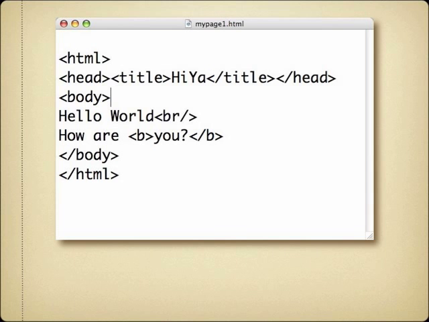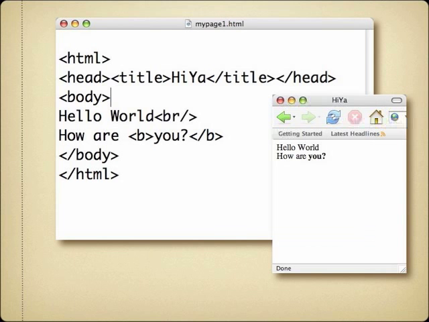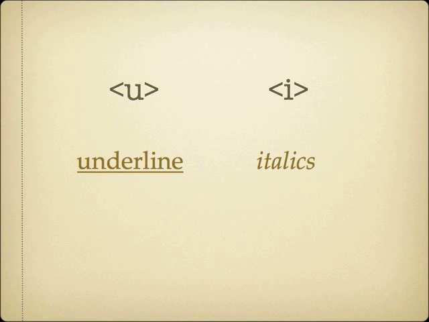To see what it looks like, we need to open it up in a browser. When working on a page, it's often handy to keep both the HTML file and the browser open. The effects of any changes to the HTML file can then be quickly seen in the browser. Here are some other tags.